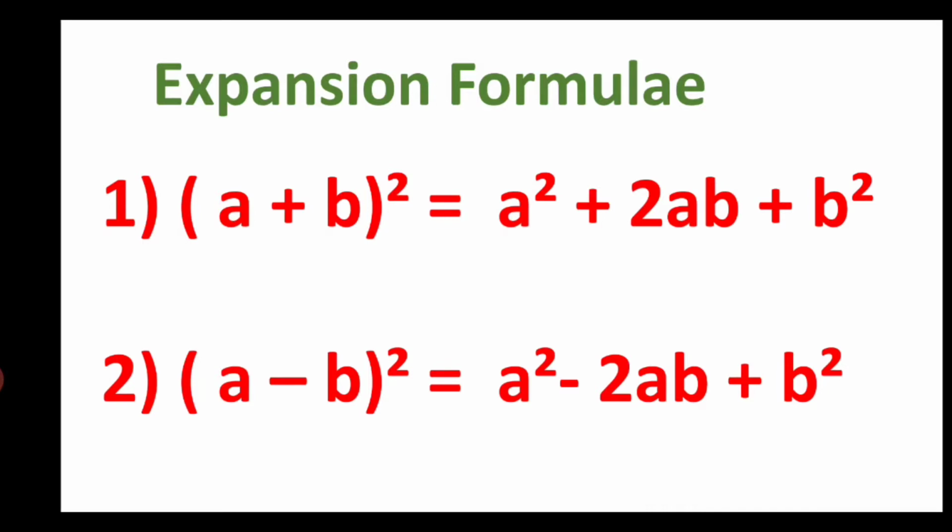First one is (a plus b) whole square is equal to a square plus 2ab plus b square, and second formula is (a minus b) whole square is equal to a square minus 2ab plus b square. Both these formulae we will be using for solving question number 2, 3 and 4.